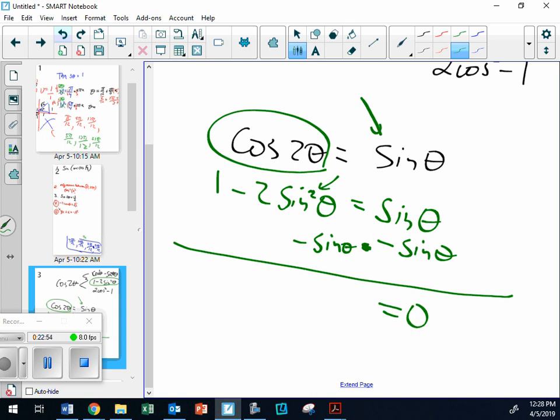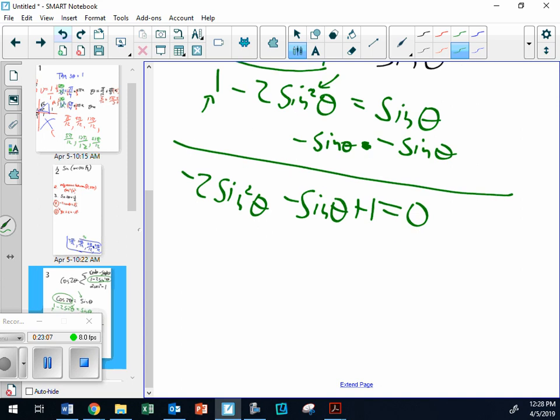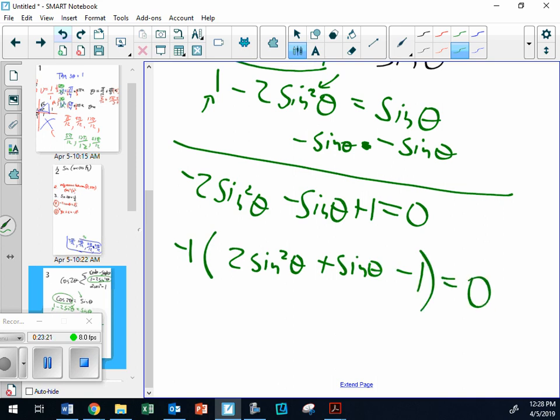It equals 0, and I have negative 2 sine squared theta minus sine theta, and that's a positive 1 at the front, right? Plus 1. That doesn't look like it'd be very nice to factor. What I could do is factor out a negative 1 at the beginning, and then it's 2 sine squared theta plus sine theta minus 1, and then it will factor.